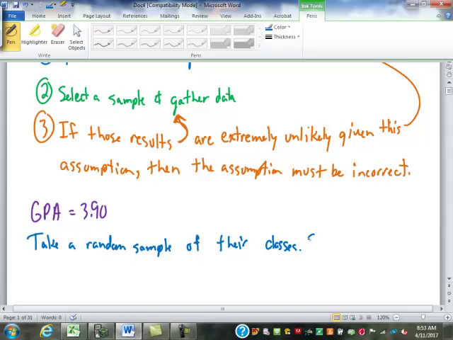And let's say that sample gives a GPA of 3.71.